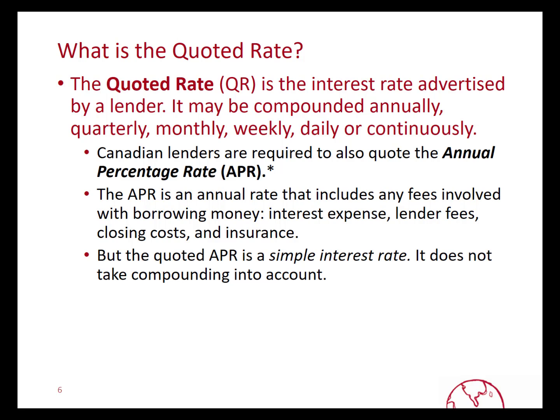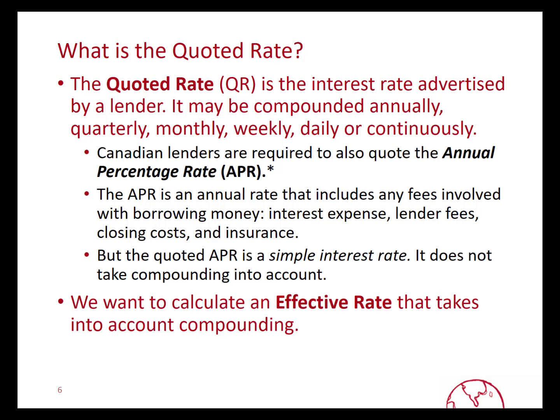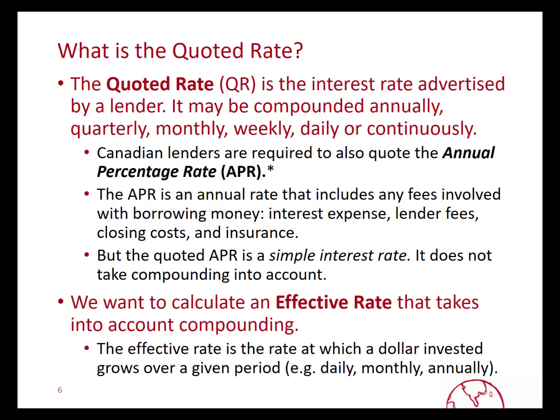Going back to a couple of sessions ago, we talked about simple interest rates versus compounded interest rates. The APR is a simple interest rate that does not take into account compounding. So what we want to calculate is a rate called an effective rate that takes into account compounding. Just to review, a quoted rate does not take into account compounding, and the APR, although it's annualized, also does not take into account compounding.